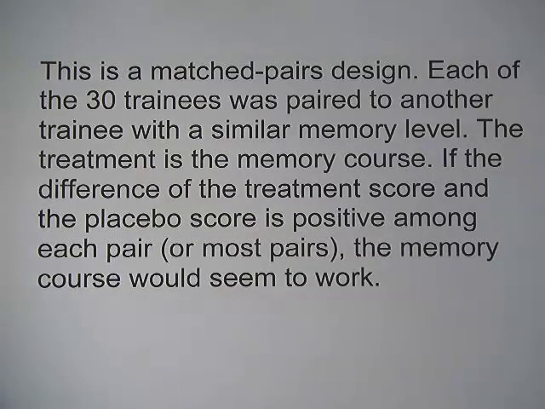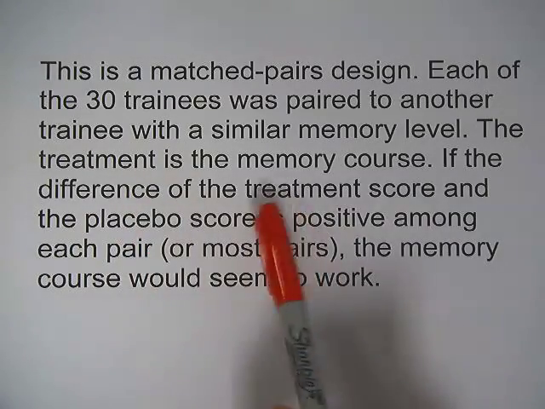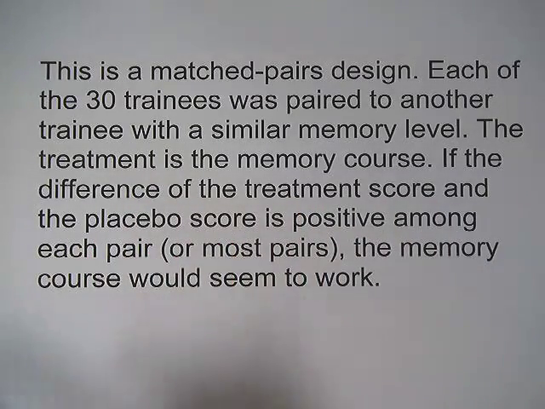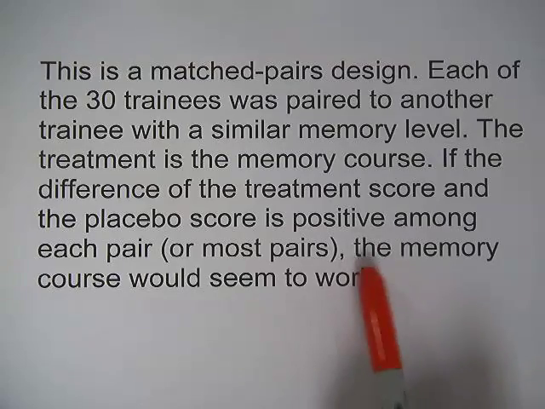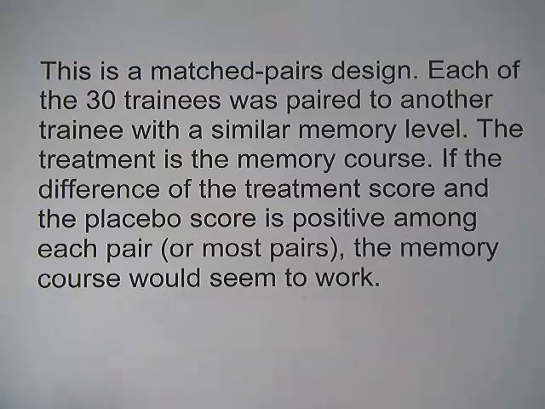So if the difference of the treatment score and the placebo score is positive, which would mean that the treatment score was bigger than the placebo score, it would seem that the memory course worked. Okay, so if we can see that within each pair, or at least most of the pairs, the treatment score is bigger than the placebo score, this matched pairs design would allow us to conclude that the memory course worked.